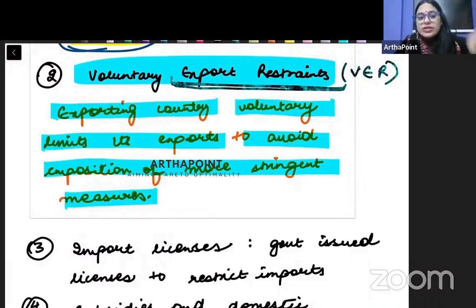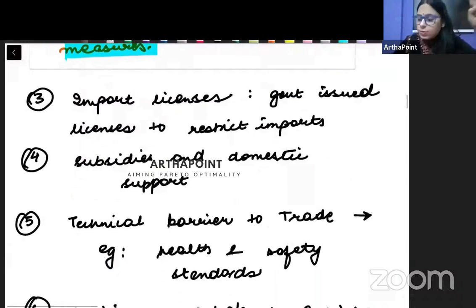That is called as voluntary export restriction. So what is voluntary export restriction doing? It is saying, okay, I will restrict my exports, but you don't put any imposition on me. तुम मेरे ऊपर कोई strict imposition मत लगाओ. That is VER.